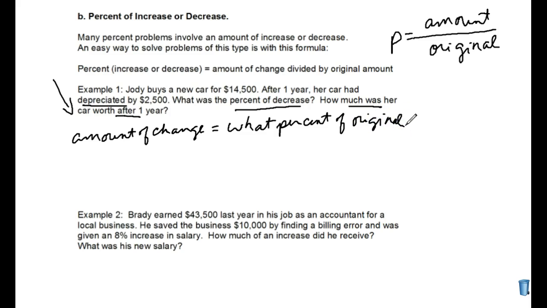So you can fill in the blanks in this little formula, okay? The amount of change is the $2,500. We're trying to find the percent. Of means times, and my original was 14,500. I have a little equation here, don't I? I'm going to divide both sides by 14,500.